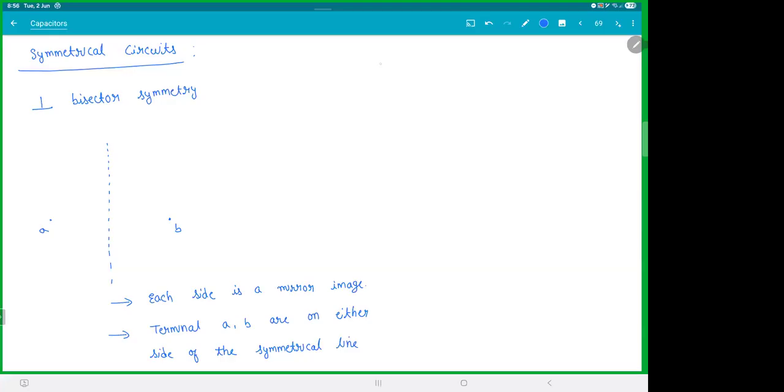So what happens in a bisector symmetry? The first thing that happens is, because the left and right sides are equal, and all these points are equidistant from both sides, that entire line is equipotential. The bisector line is equipotential. Every point on it will be a midpoint between A and B because the circuit is symmetrical.